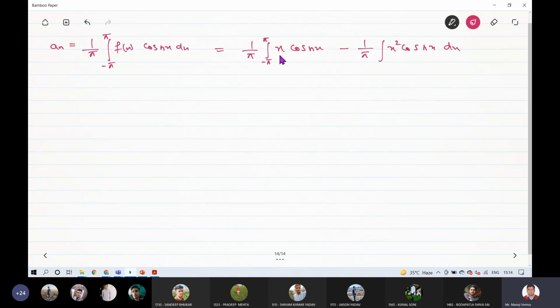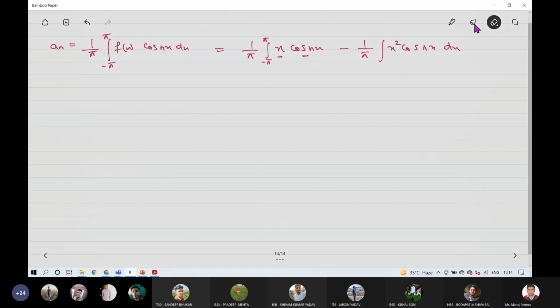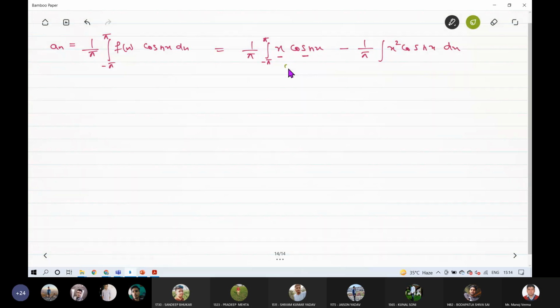Okay, so you can see this particular one is an odd function, and this particular one is your even function. So I will not bother about the odd function; its integral will simply become 0.